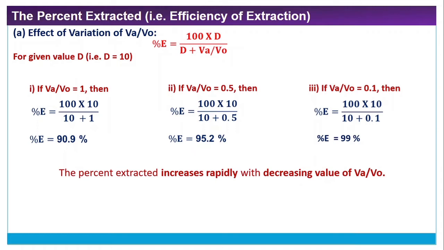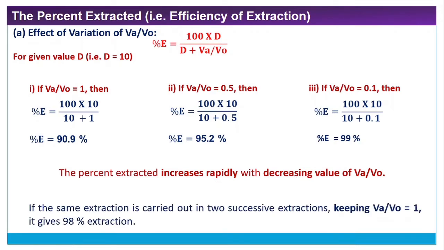As the volume of organic phase increases, the ratio decreases. As the ratio decreases, the percentage of extraction increases very rapidly. So percentage of extraction is inversely proportional to VA upon VO, while directly proportional to the distribution ratio.